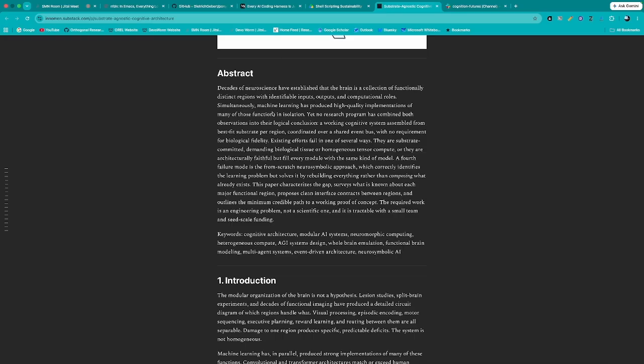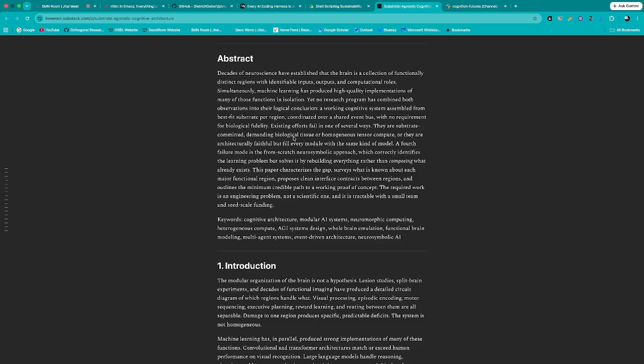But the point is that you can generate these different behaviors on different types of hardware, different types of neural substrates, etc. Then this goes on to say, yet no research program has combined both observations into their logical conclusion, which is a working cognitive system assembled from best fit substrate per region, coordinated over a shared event bus with no requirement for biological fidelity. So I guess he's saying that you could combine the outputs of different AI systems into one cognitive architecture.